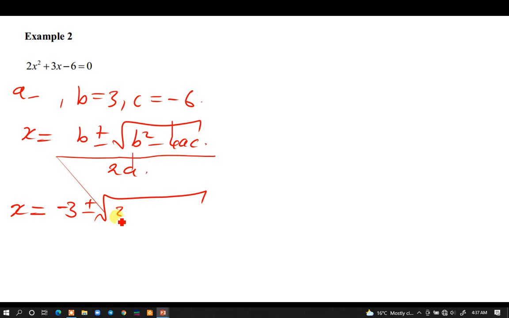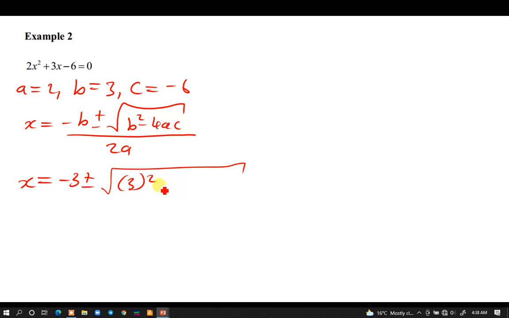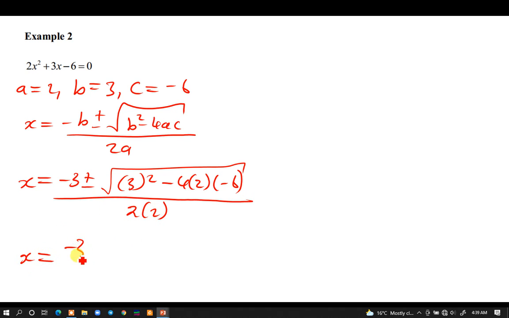So b squared is simply 3 squared minus 4. Let me write this properly. My a is 2, and then c is simply negative 6. Then everything divided by 2a. So a is 2. Then from there we can simplify the expression.